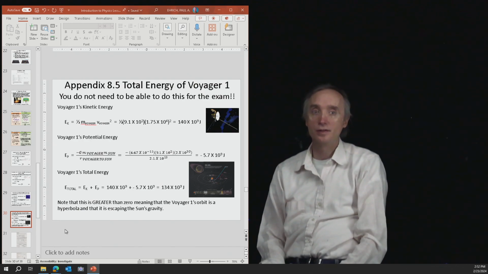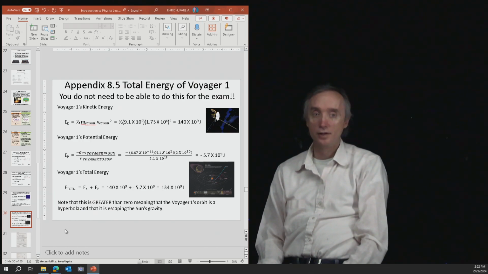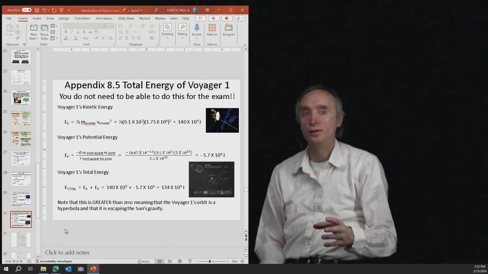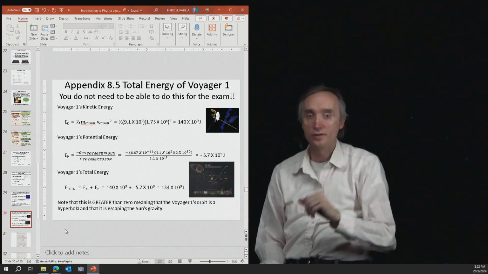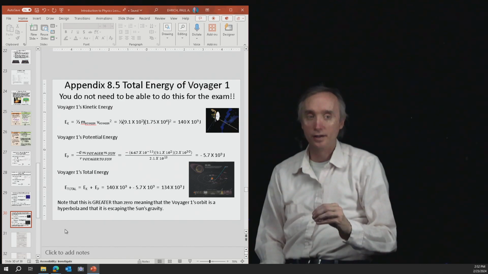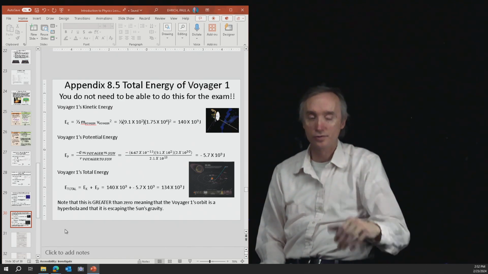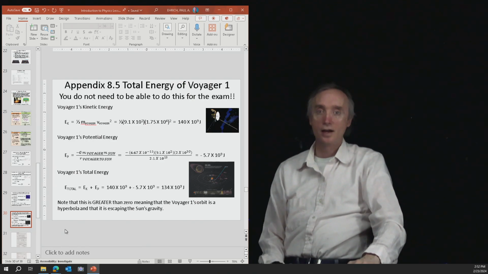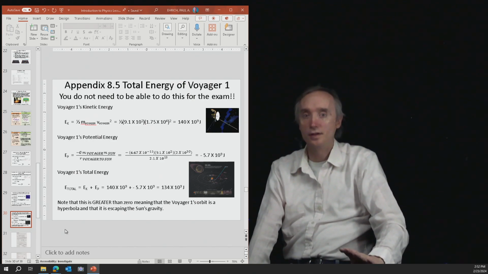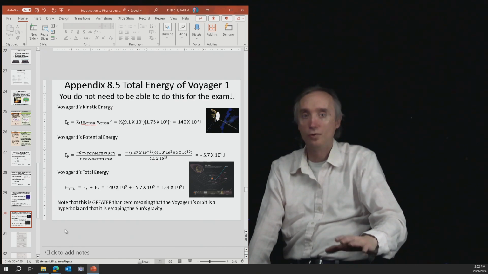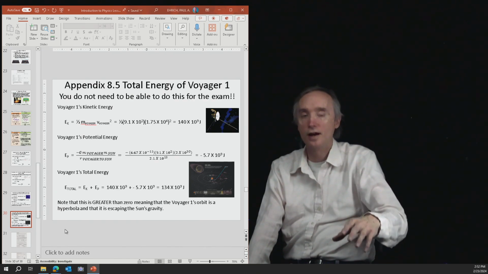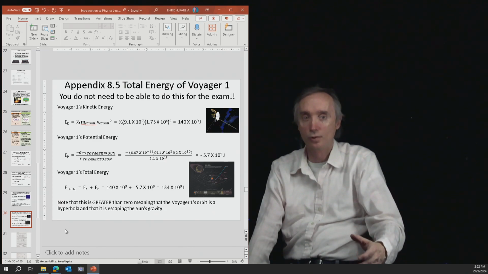And so that is going to be Voyager 1. So Voyager 1 is a space probe that we launched a long time ago. And currently it's heading out of our solar system into deep space. So I did the same thing. I calculated what is the speed of Voyager 1 and then used that to figure out the kinetic energy of Voyager 1.